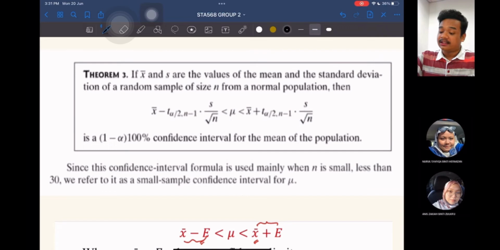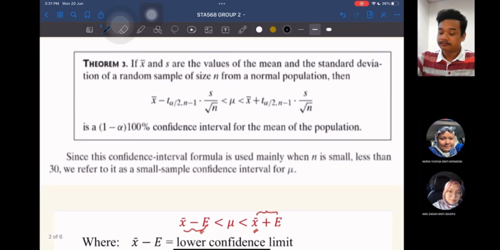This is a 100 times (1 minus alpha) percent confidence interval for the mean of the population.